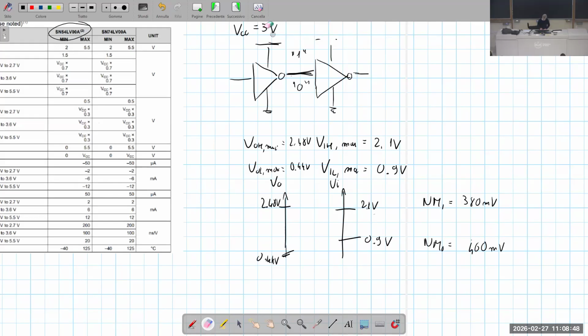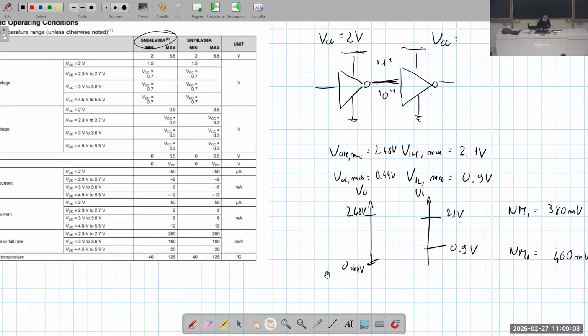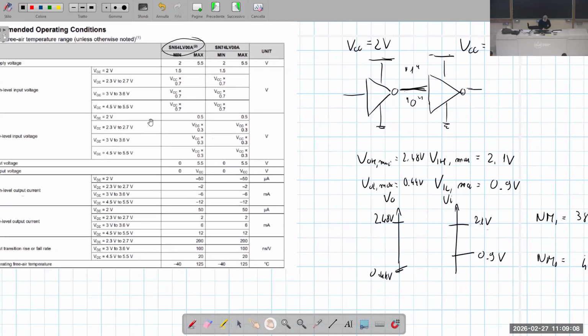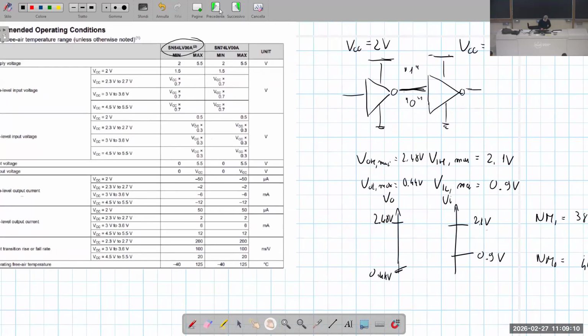Let's consider that the first gate is operated at a supply voltage of 2 volts, and the second gate is of the same family, but operated at the largest supply voltage considered here, let's suppose 5 volt.